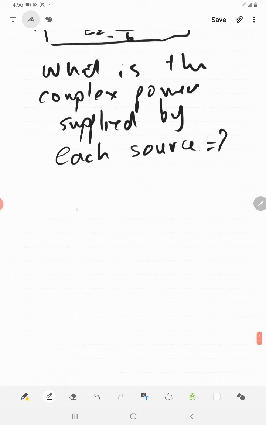We have two sources. This is E1. This gives I1. Let's say I source 1.